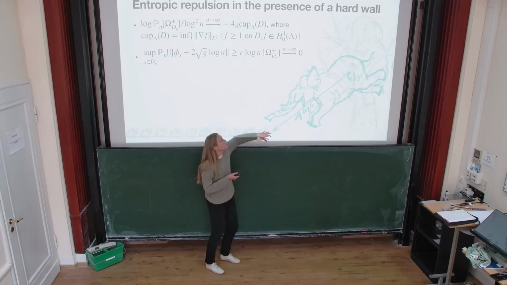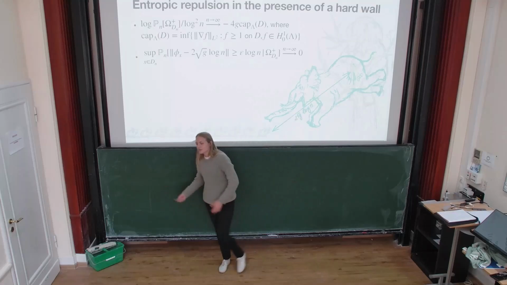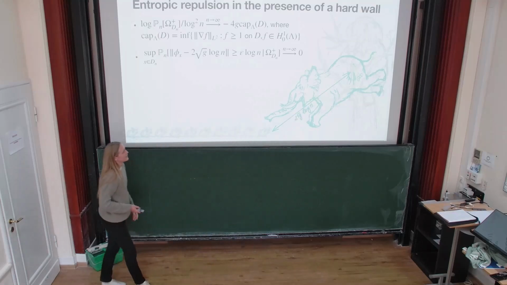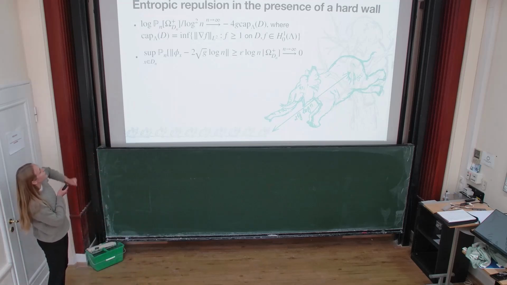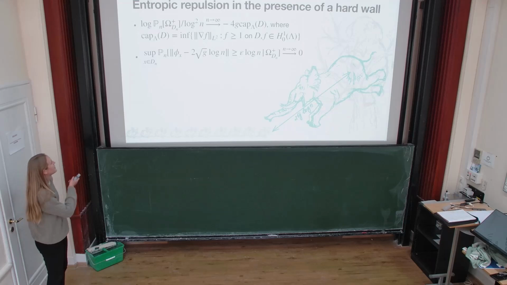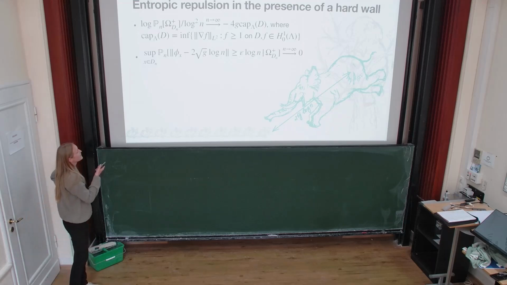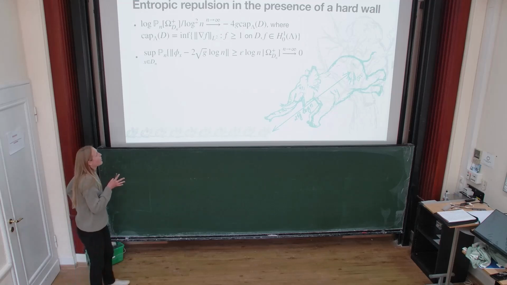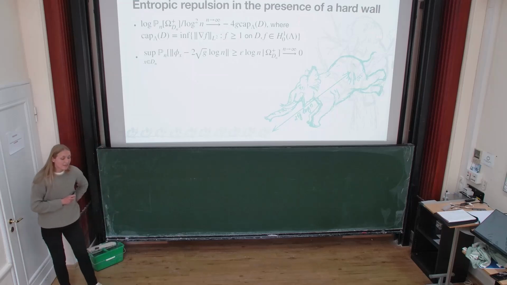But it won't run away too far either, because afterwards it doesn't make sense. What they proved is that at each point, phi x is approximately equal to 2 square root of g log n. That would be the behavior of the field.